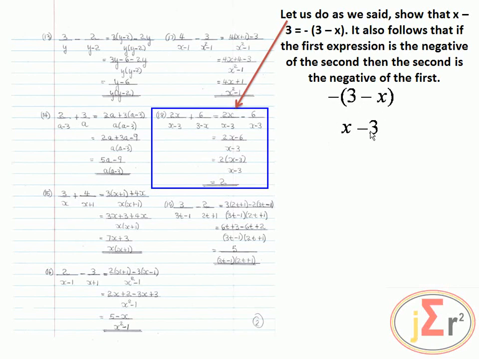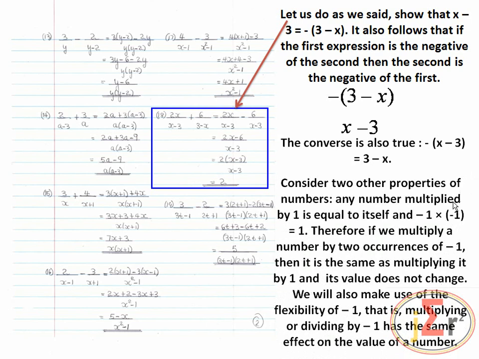And as I said before, if we understand that this is the negative of this, just change the sign to a negative and then change this to x minus 3, and we are done. The converse is also true, that the negative of x minus 3 is equal to 3 minus x.